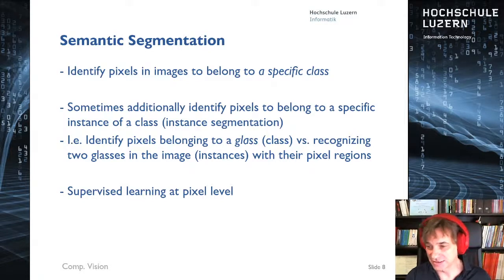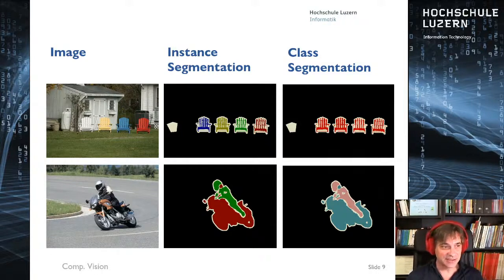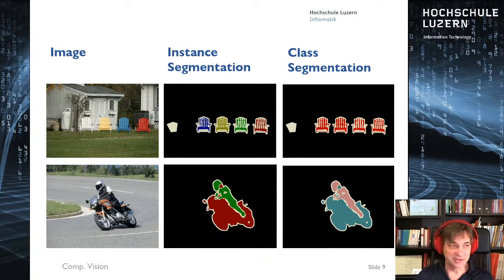Obviously, to find classes, we will need to have some training data to get the information. So here is an image actually from the ImageNet challenge, showing the difference between what we would call instance segmentation and class segmentation. Like in the top image here, you would like to detect the chairs.